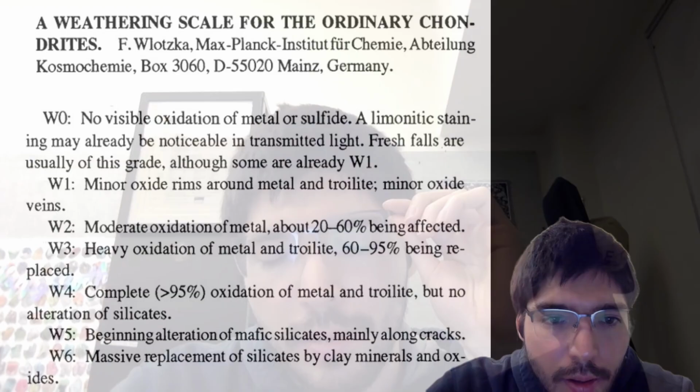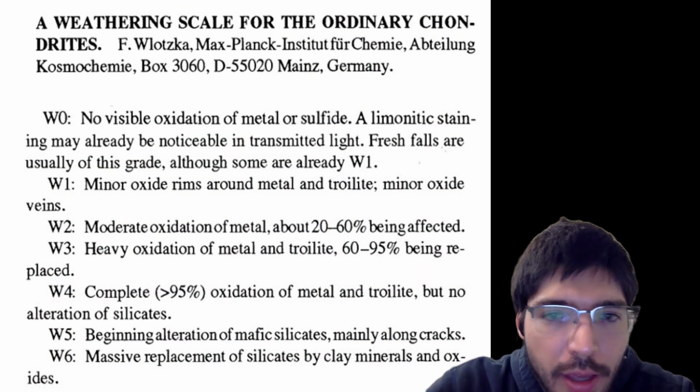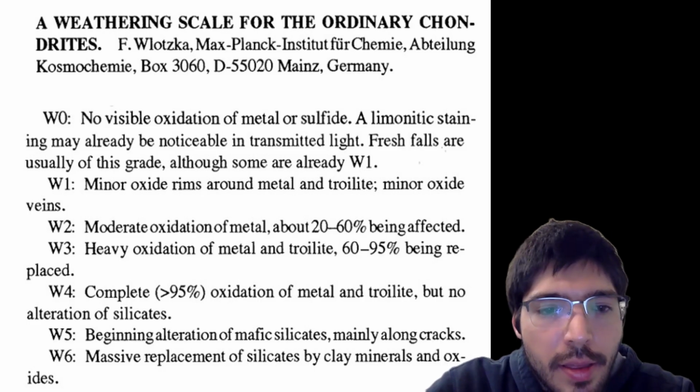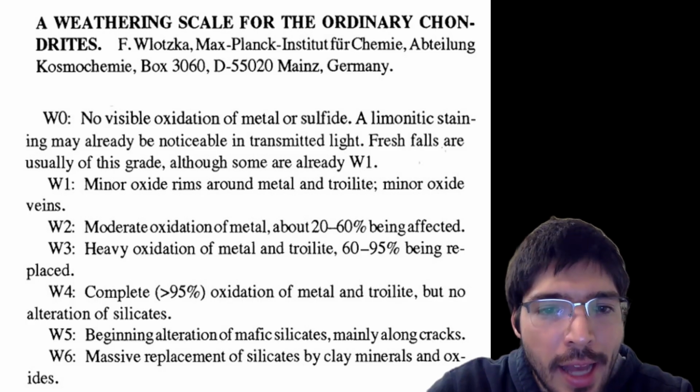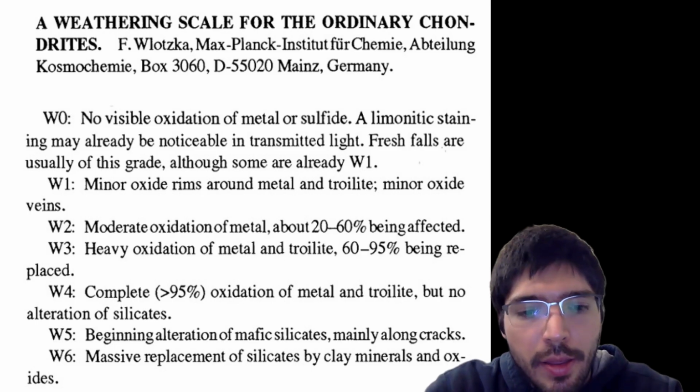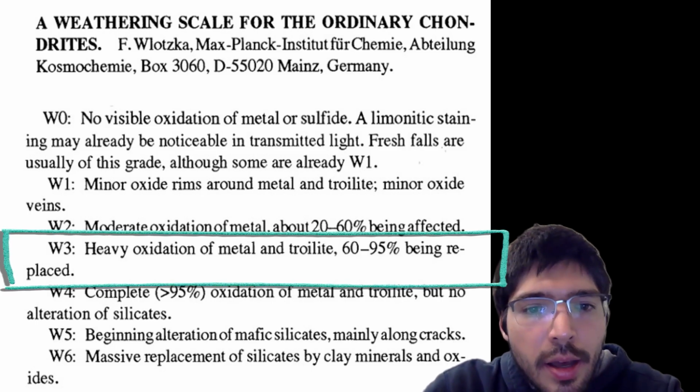Okay, so the final thing here, so we have the shock stage, the petrologic type, and the meteorite group, is this weathering scale. And this is very basic. Again, you normally would look at a thin section under the polarizing microscope in reflected light. That's the ideal way to do it. And I did it, and I got a weathering grade of about, I believe it was 3, possibly 2.